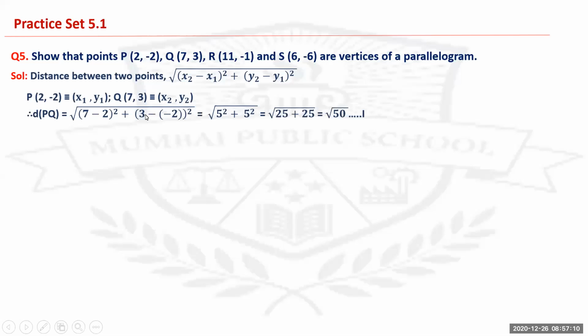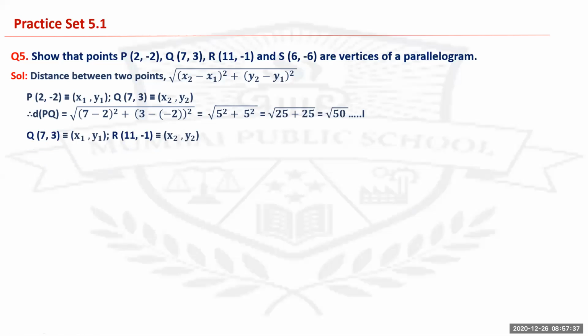Now check these two negative signs which are close together would be taken as positive signs. So 7 minus 2 is 5. 3 minus of minus 2 means 3 plus 2, that is 5. So 5 square plus 5 square equals under root of 25 plus 25, that is equal to root 50, and we'll give this as equation number 1.